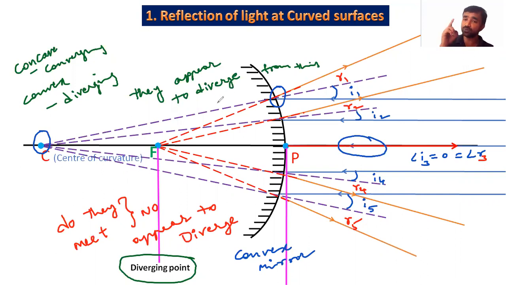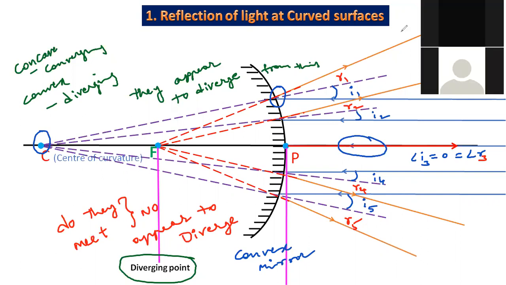So which mirror has a converging point after reflection with the parallel beam of light rays? Are you following? Any confusion? Very good. For which mirror do you have the converging point with the parallel beam of light rays after reflection, that mirror is called the converging mirror. So which mirror is called the converging mirror?